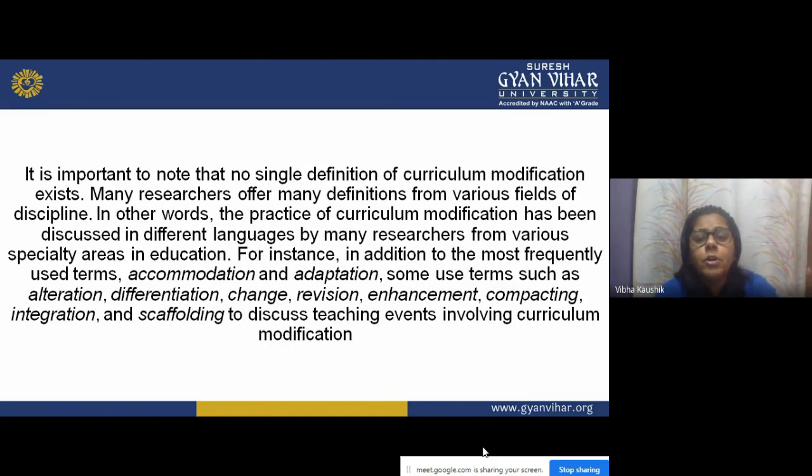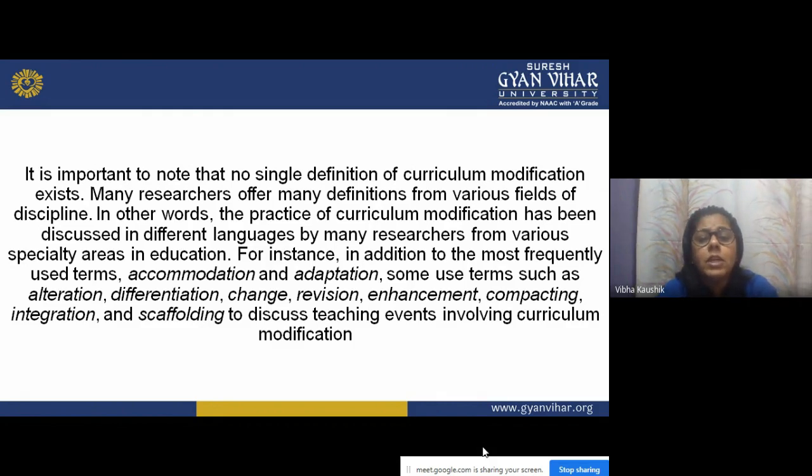It is important to note that no single definition of curriculum modification exists. It means there is not a single definition which defines the concept of curriculum modification. Many researchers have given definitions from various fields of discipline, such as science, English, commerce, or anything else.